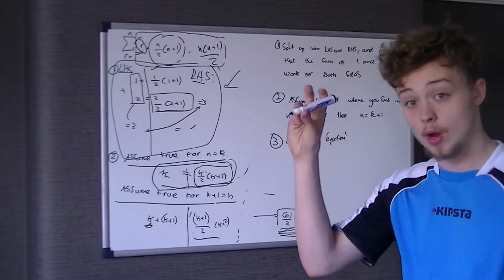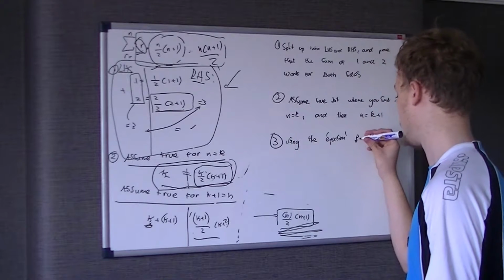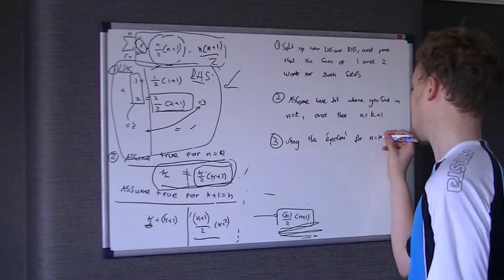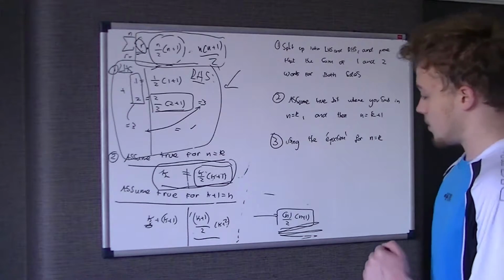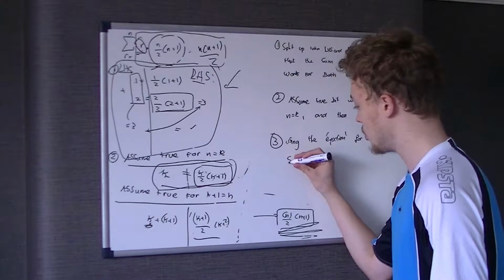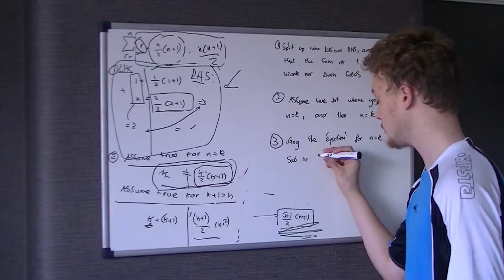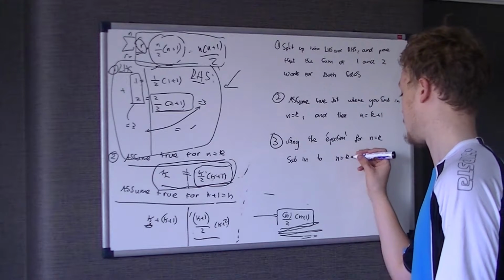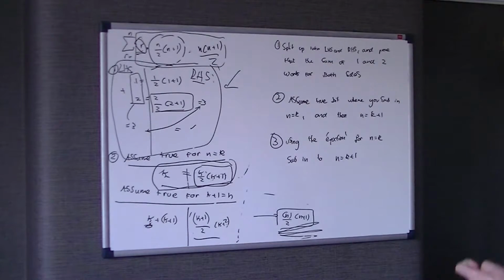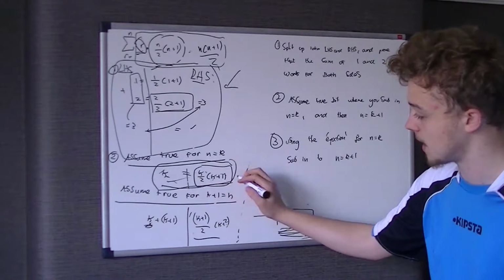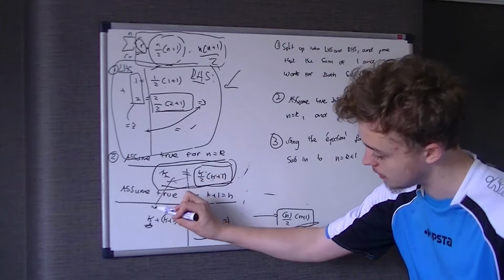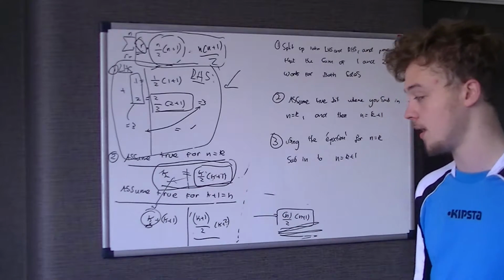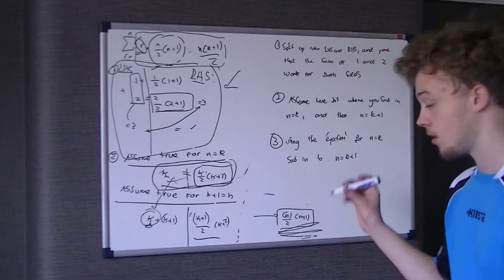So using the equation for n equals k, sub in to n equals k plus 1. What I mean is that we've got k down here, so you just sub it in to that k there. Hopefully that makes sense.